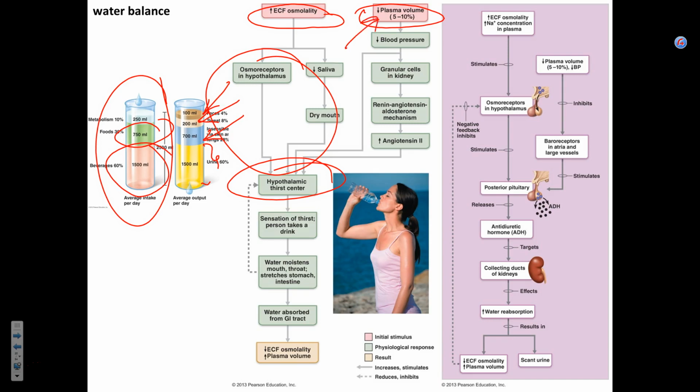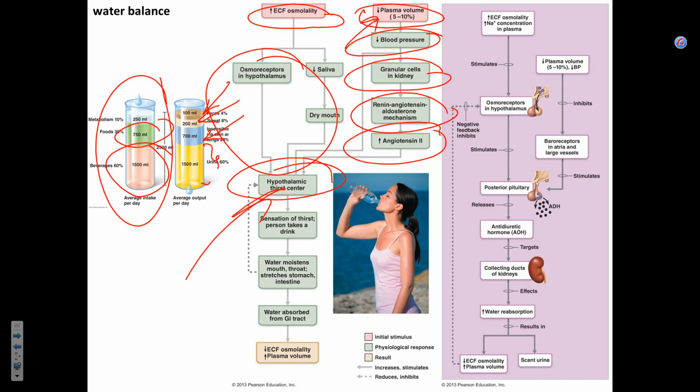Now, when plasma volume goes down, your blood pressure goes down, which stimulates granular or juxtaglomerular cells in the kidneys. They release renin. Renin activates angiotensin. Angiotensin stimulates thirst. That makes sense? What else does angiotensin stimulate?